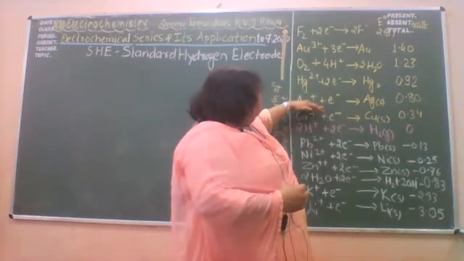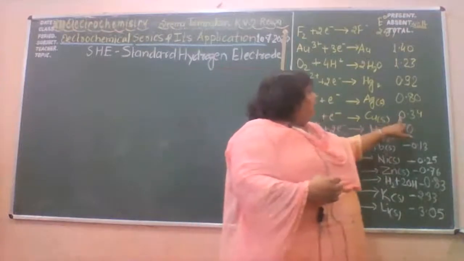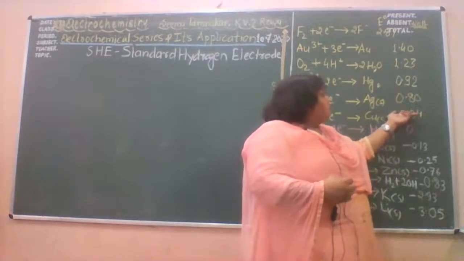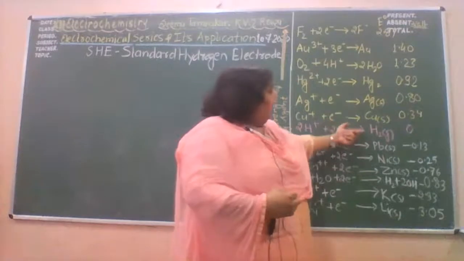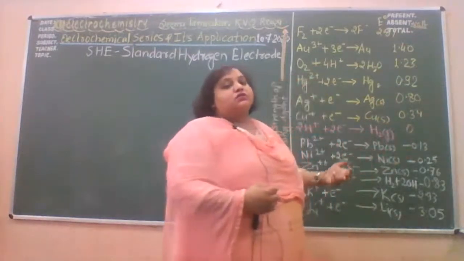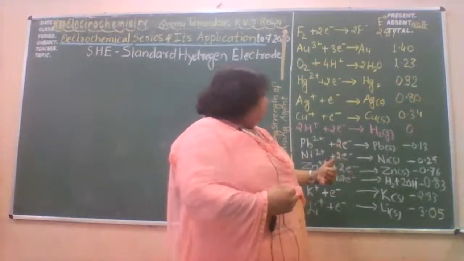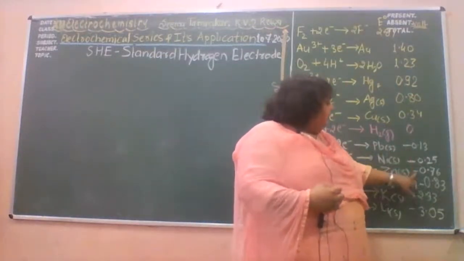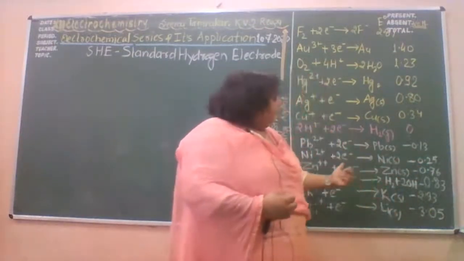Then mercury, silver, copper 0.34, the smallest positive value for any element. The next one is hydrogen, which has the value 0, neither positive nor negative. That's why it is used as the reference electrode. Now again you see, the values in the negatives are increasing, that means their absolute values are decreasing.